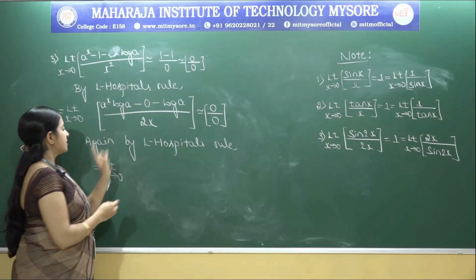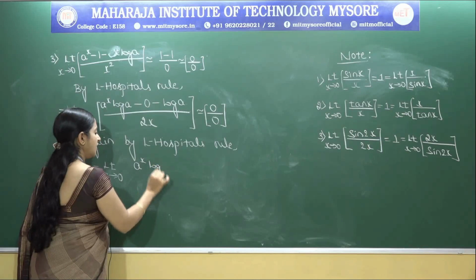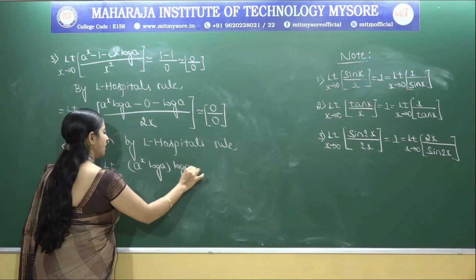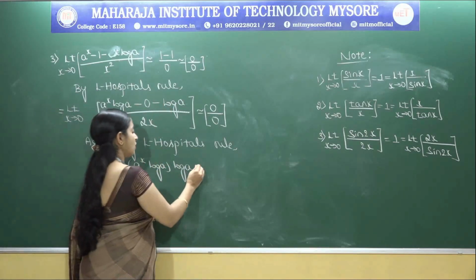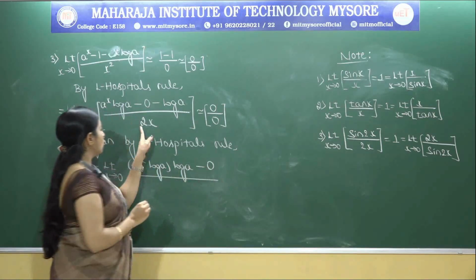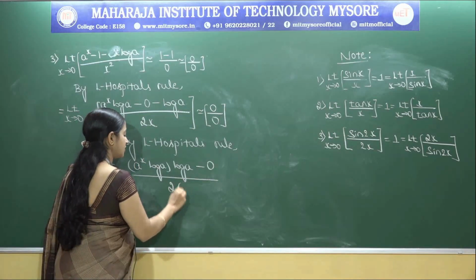Here the log a is a constant, keep the log a as it is. A power x differentiation is a power x into log a. In the second term, the log a is constant, the differentiation is 0. Denominator, 2x differentiation, 2 is constant, the x differentiation is 1.